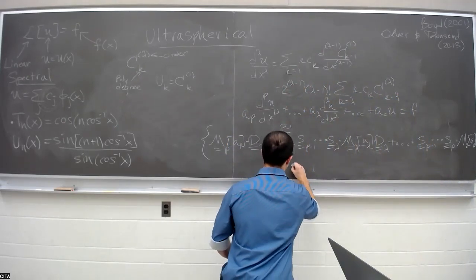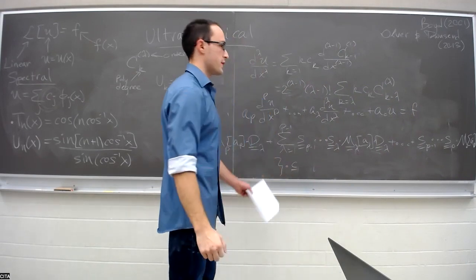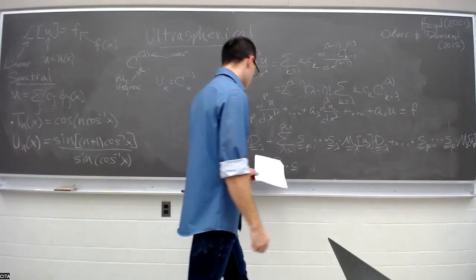These are all dotted with what is still a vector of coefficients in our Chebyshev T basis.